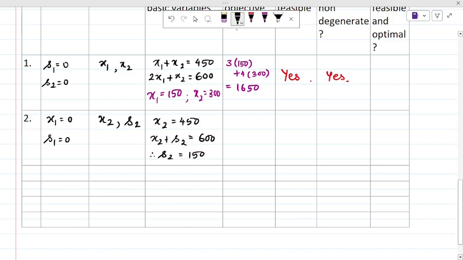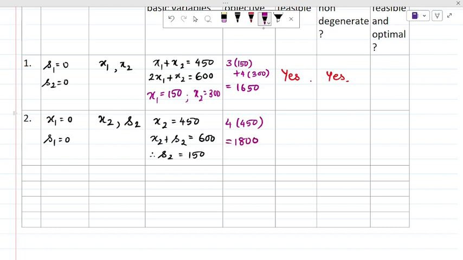Okay, both are positive. Now when we calculate the value of the objective function, it will be 4 times 450, so that gives me the answer 1800.